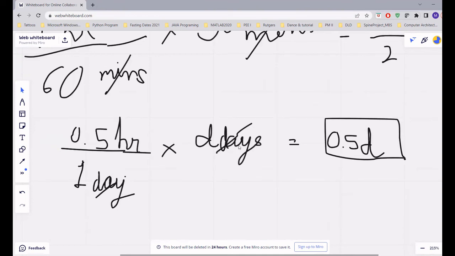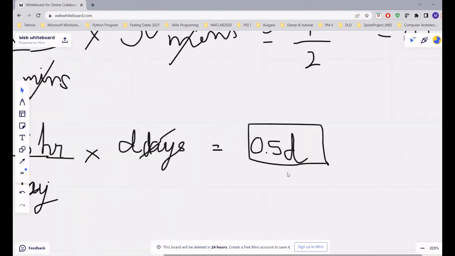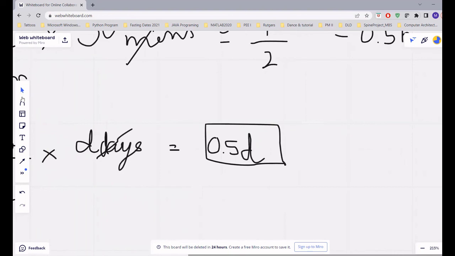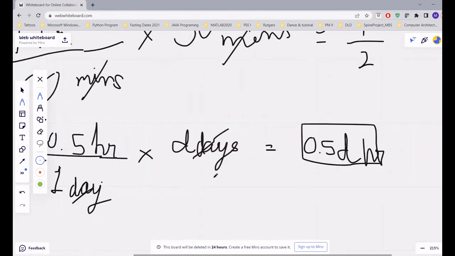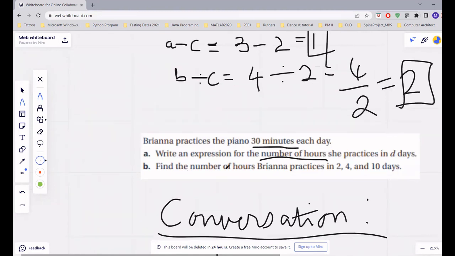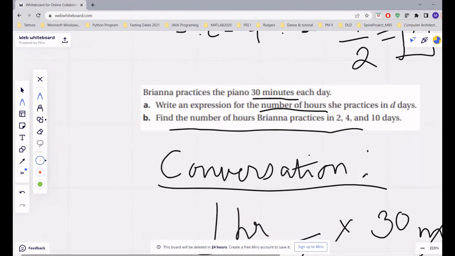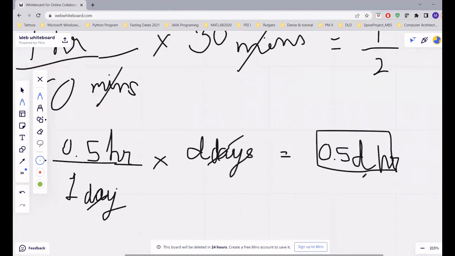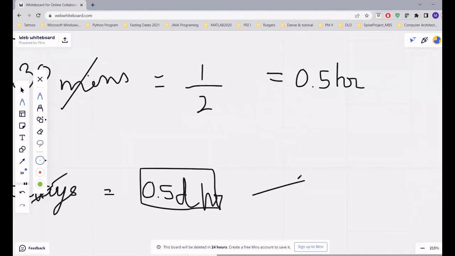So in D days, she practices 0.5 times D hours. Let me write the unit as it is in practice. So now, find the number of hours Brianna practices in 2, 4, or 10 days. Now it's just substituting the value into the expression. So our algebraic expression is 0.5D.